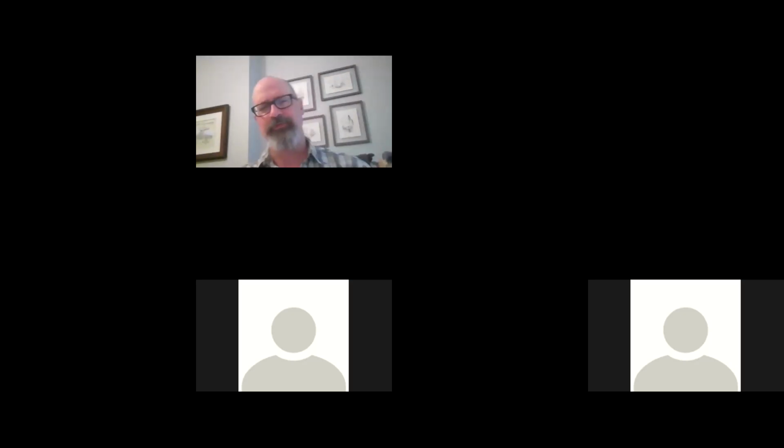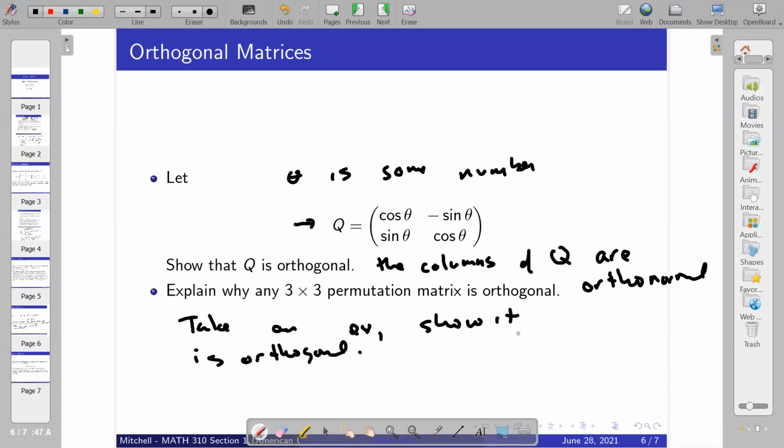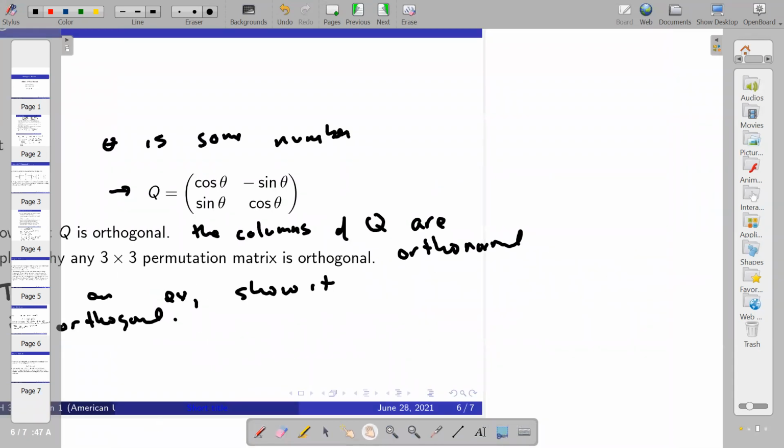All right, so back to the handout, back to the set of slides. In the first case, some people call this a rotation matrix. It has a lot to do with the geometric significance of what this matrix does to vectors in R2.